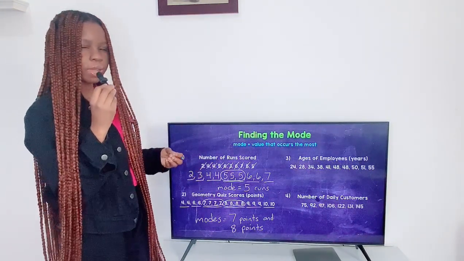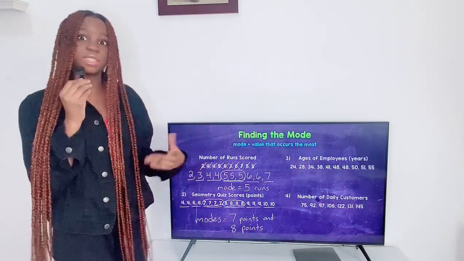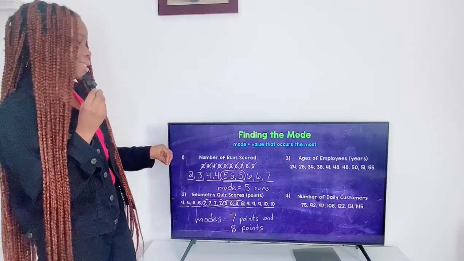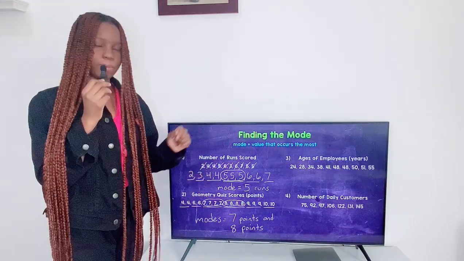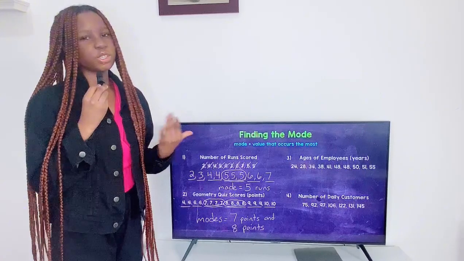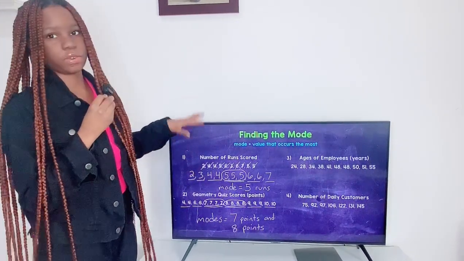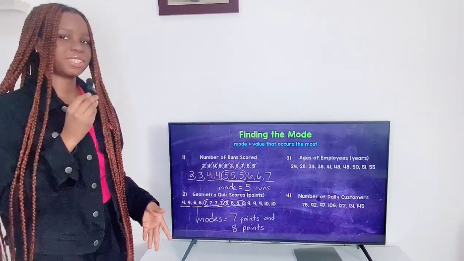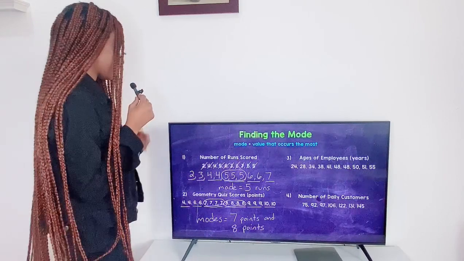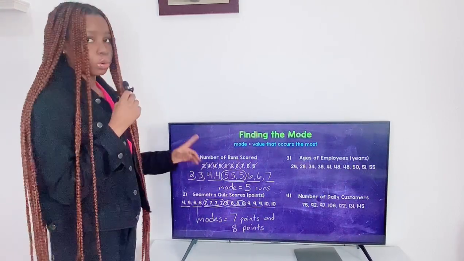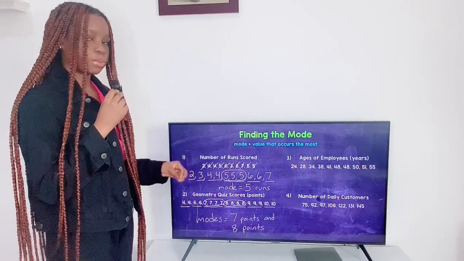You're probably wondering, why is that so? Maybe some of you already understand because, like I said, the mode is the value that occurs the most. I'll go ahead and explain everything I've already solved out so you can understand it better. 2 only appeared once, so it's not the mode.